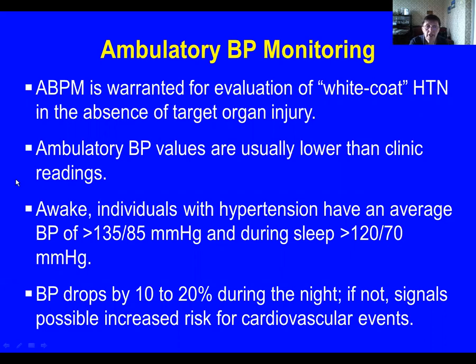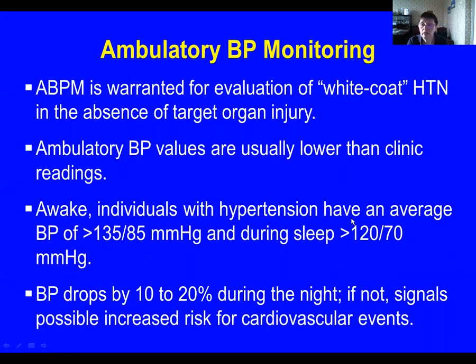So if your patient has hypertension, the average BP will be higher than 135 to 85 during the day. You remember, in office measurement it is higher than 140 to 90. Here the border is lower.